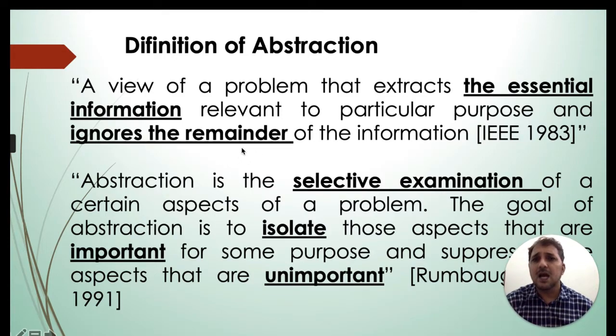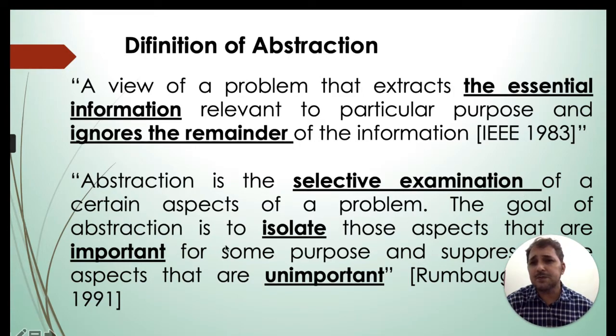For example, a view of a problem that extracts the essential information relevant to a particular purpose and ignores the remaining information. So you just pick up a few pieces of information which are relevant to the problem you are looking for, and ignore the details. The second definition: abstraction is the selective examination of certain aspects of a problem.